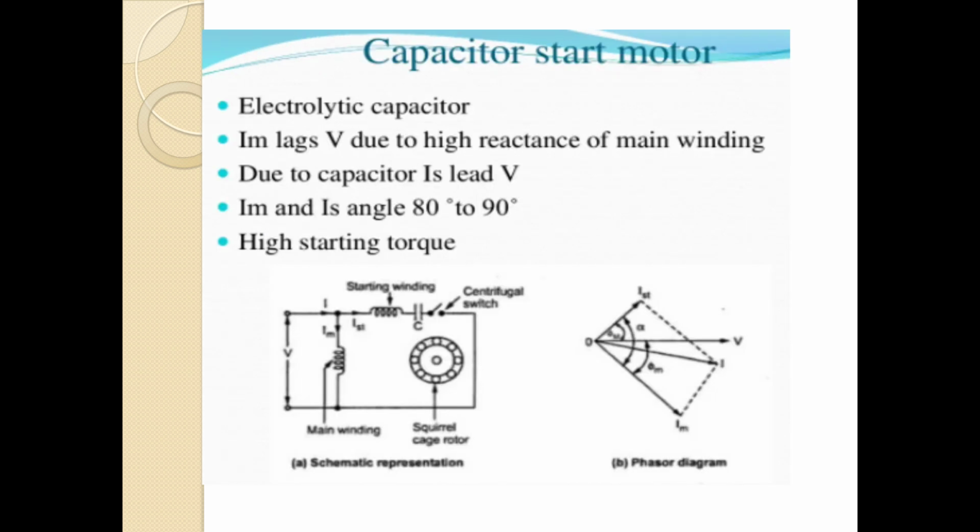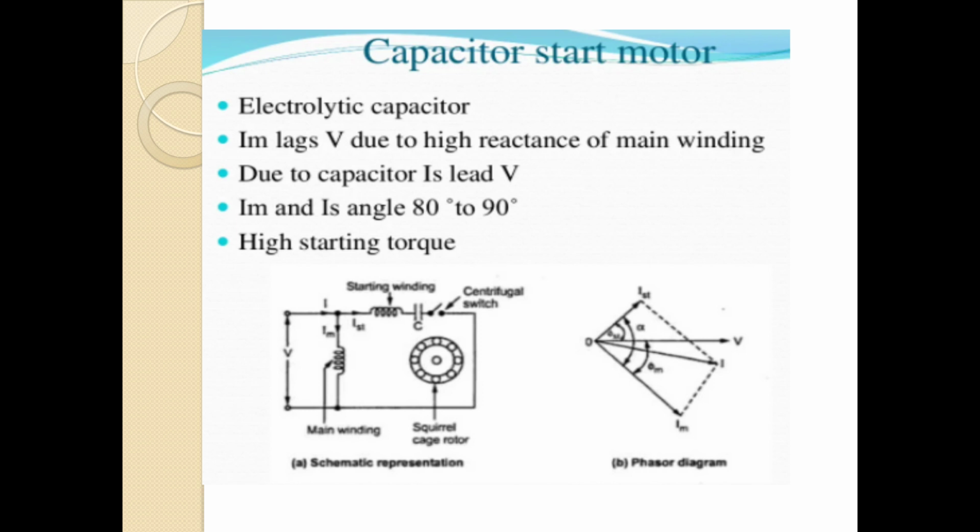Capacitor start single phase induction motor. The capacitor is connected in series with the auxiliary winding and is used to get high starting torque. Single phase supply is applied to the two windings. The starting current IS leads the line voltage because of the capacitor in the auxiliary winding.